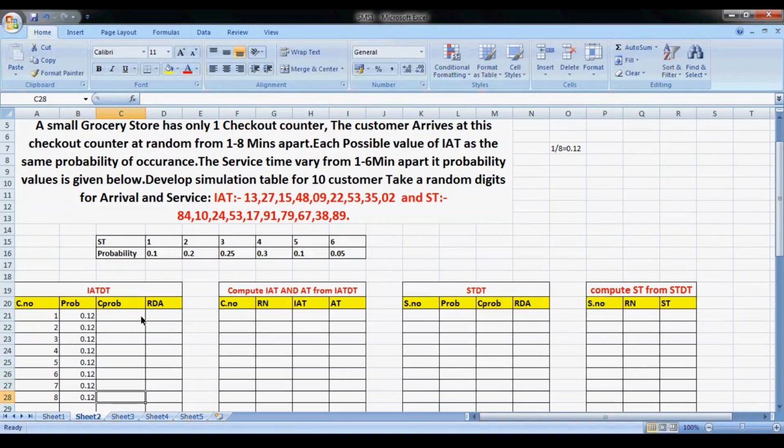Once we find the probability value, then find the cumulative probability value. The cumulative probability for the first customer is 0.12.